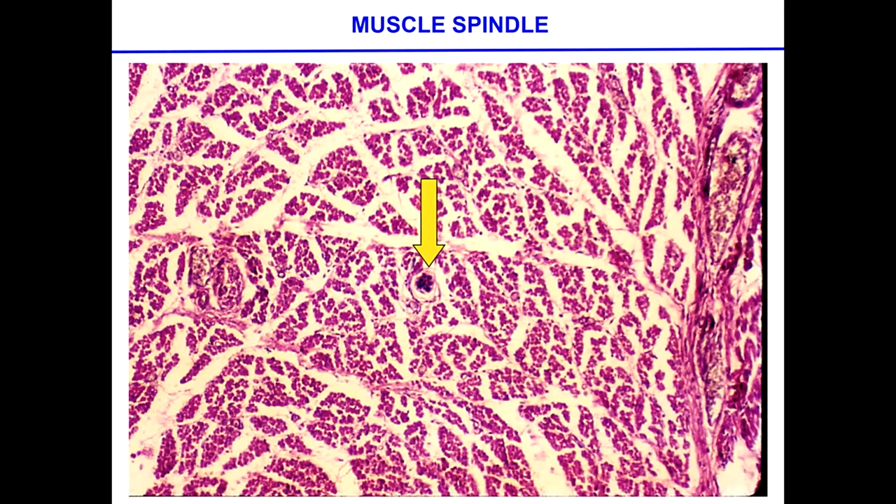All right. Spindle, muscle spindle, right in the middle of the picture. It's smaller than the arrow, just in case anybody misses it. Okay, but what we can see inside are the intrafusal fibers, and by definition, anything that is not intra has to be extra.